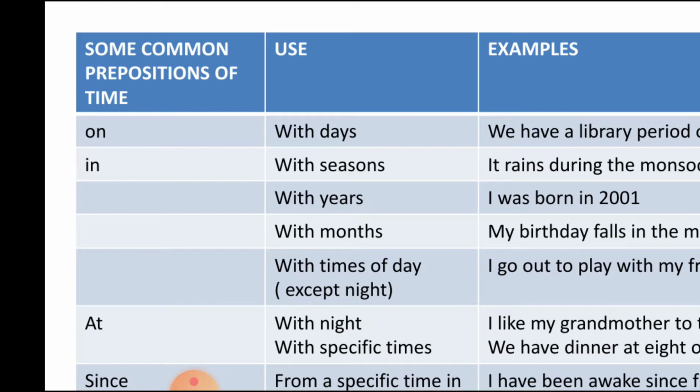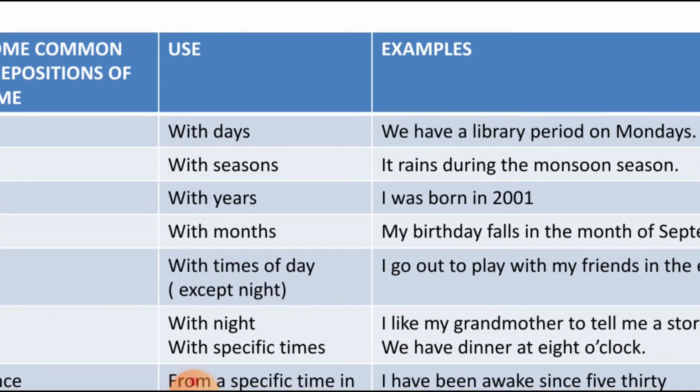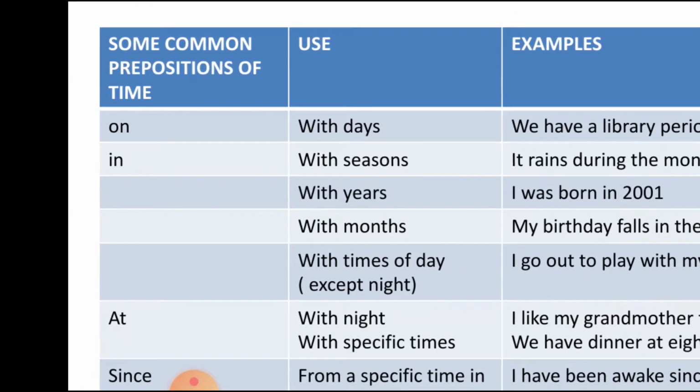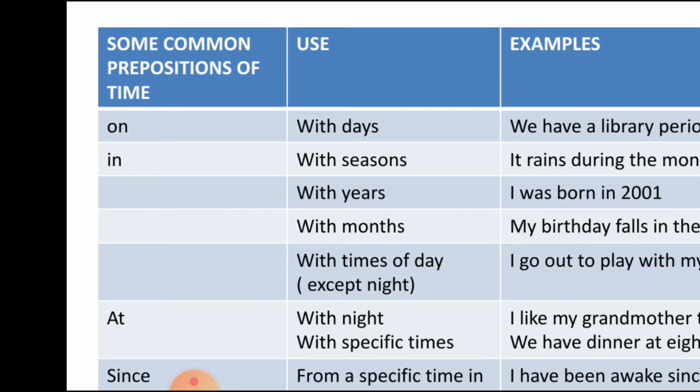Let us see the example: We have a library period on Mondays. When we talk about days of the week like Monday, Tuesday, Wednesday, Thursday, Friday, Saturday, Sunday, we use the preposition on. With seasons, the preposition used is in.